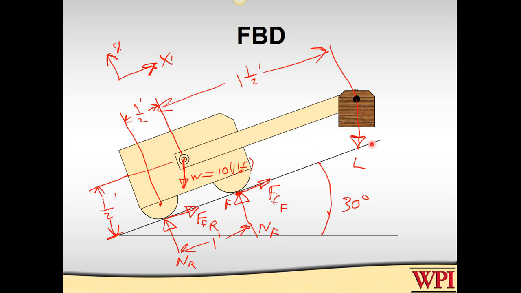And the distance to its line of action is going to be 1.5 minus a half, because where this connects, it's right in the middle. So the distance from here out to its line of action is 1. And then we have L times sine of 30, which is in this direction. That has a moment arm of a half inch.